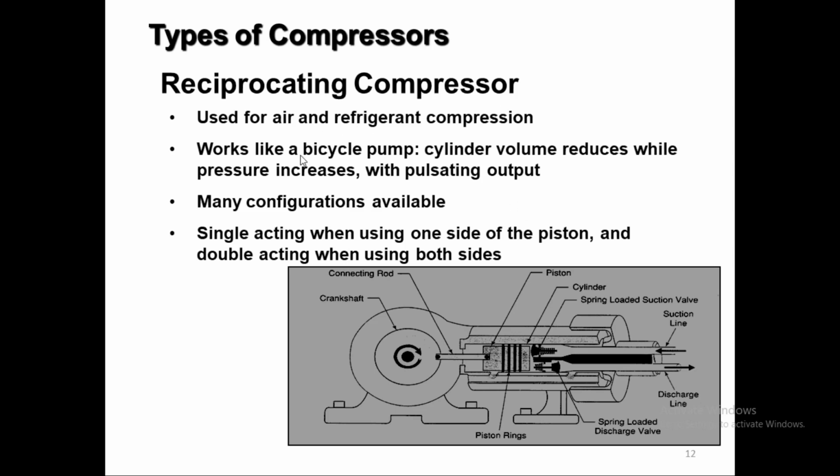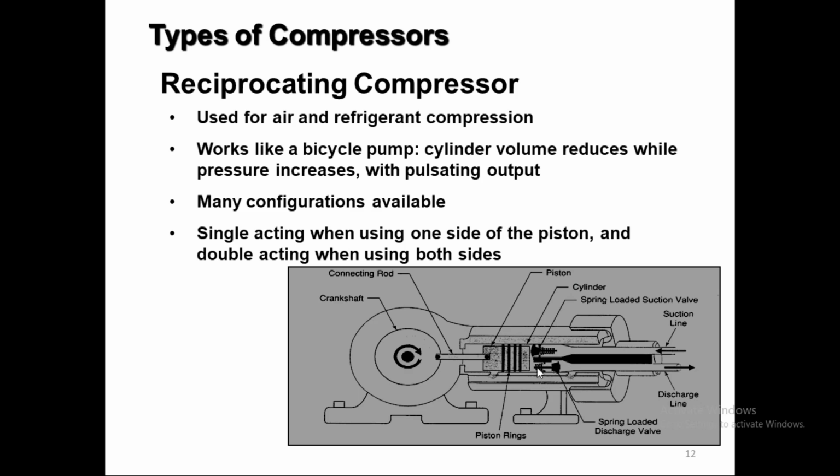A reciprocating compressor used for air and refrigerant compression works like a bicycle pump. Cylinder volume reduces while pressure increases with pulsating output. Pulsating, not continuous output, as I was saying, it's a batch kind of process. Many configurations are available: single acting when using one side of the piston, and double acting when using both sides of the piston.